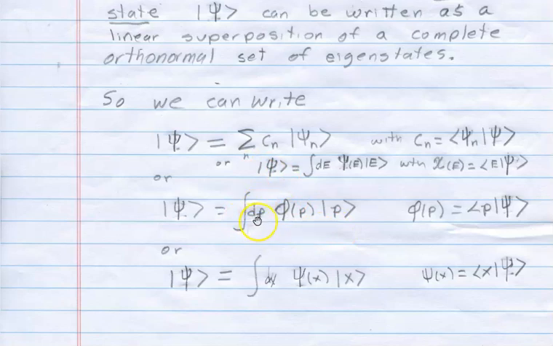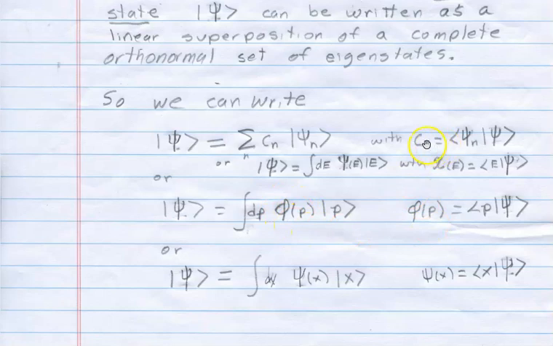It's continuum, so you'd have to integrate over p, so this summation becomes this integral dp over all of the eigenstates. I've got essentially what would be Cn's, but now becomes a function of phi of p.